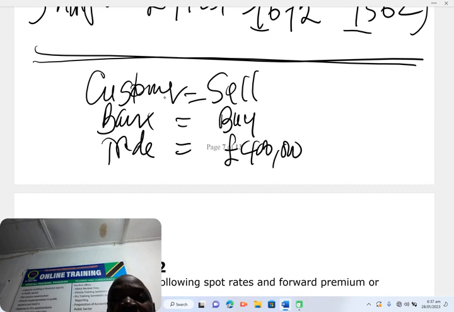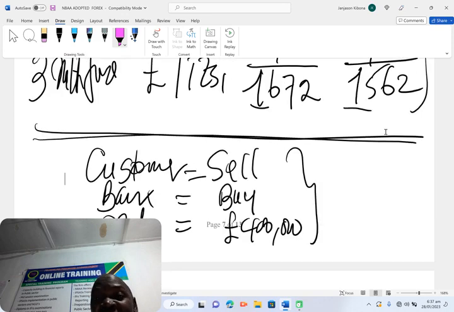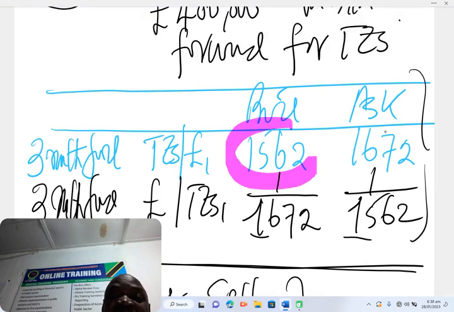This one here. So which rate are you using? When you go to the forex, use bid rate when a pound is traded. So this rate here. I'm selecting this rate because a pound is a trading currency. You see? So bid rate.